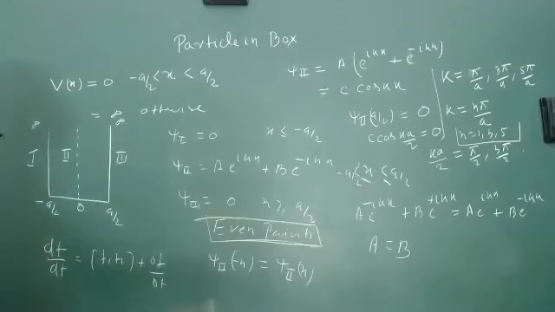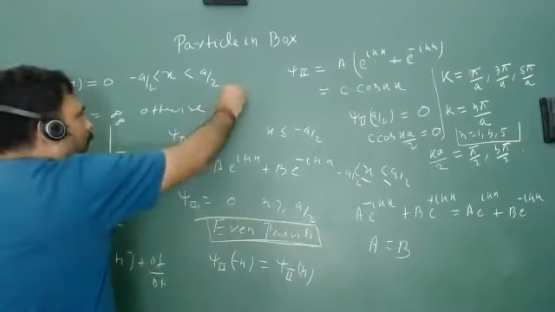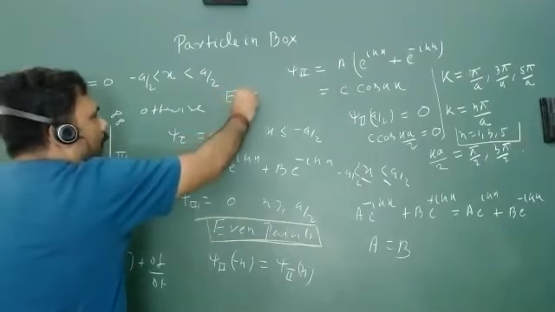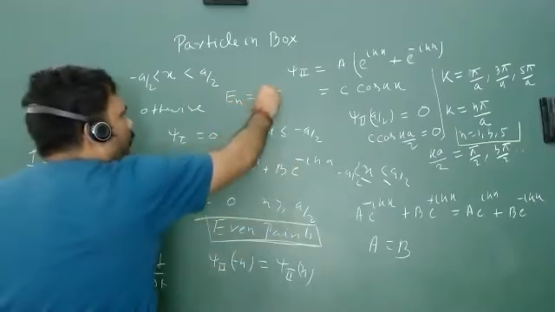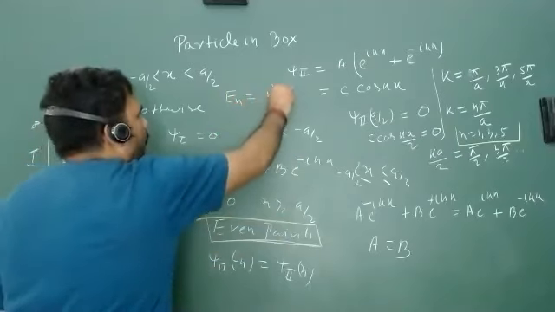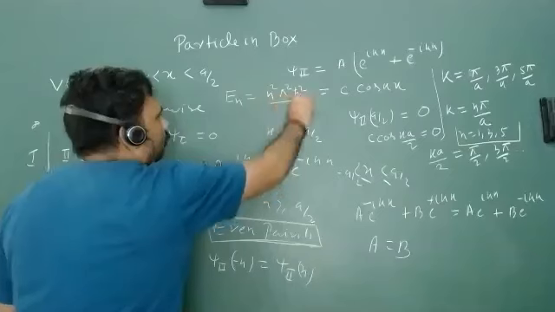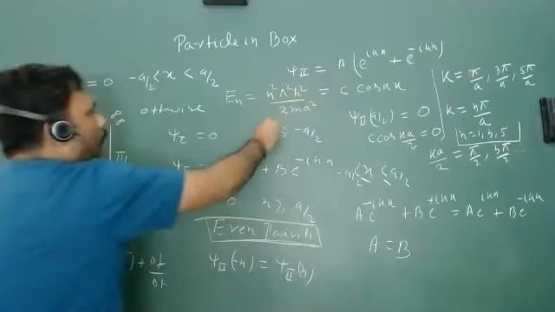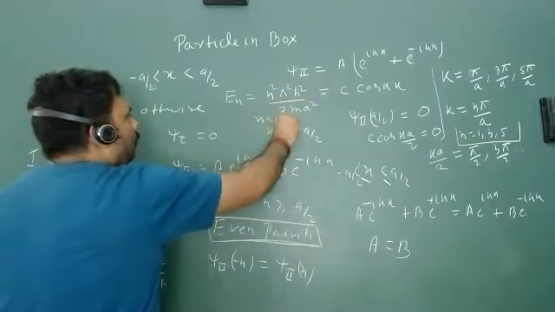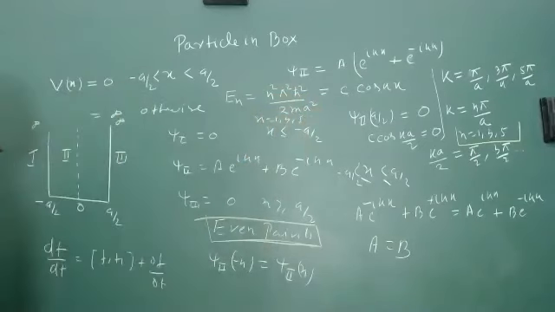And you can also get the energy. En is equal to n square pi square h cut square upon 2ma square, where n will be 1, 3, 5, and so on.